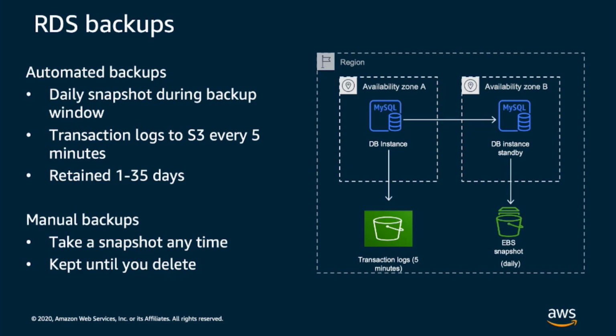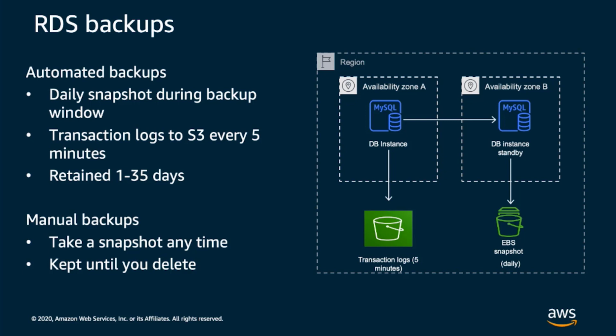If your RDS instance is multi-AZ, and most production applications are multi-AZ, we use the standby instance to take daily snapshots. And on the primary instance, every 5 minutes we take the transaction logs so that we can provide you point-in-time restores. If you want to go back in time, you can do that too.